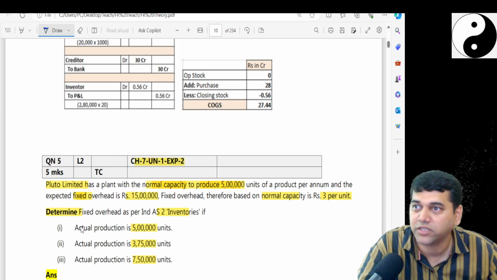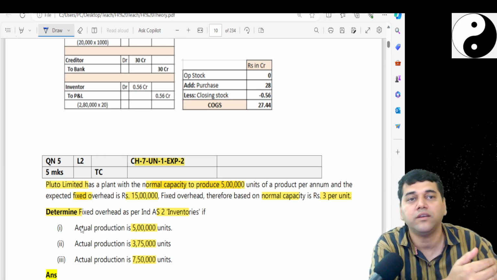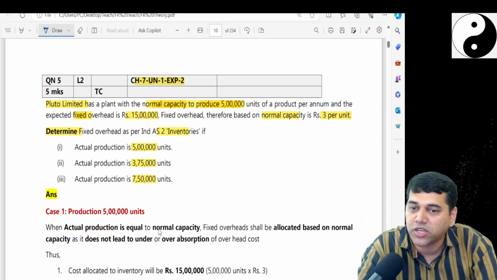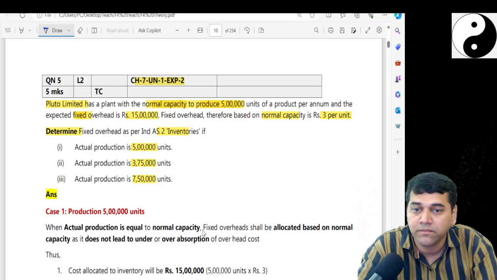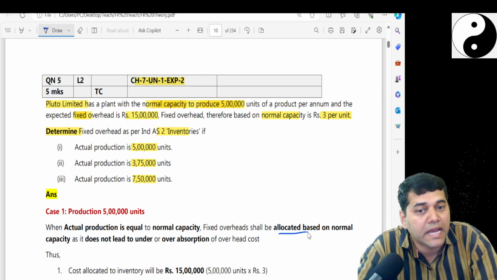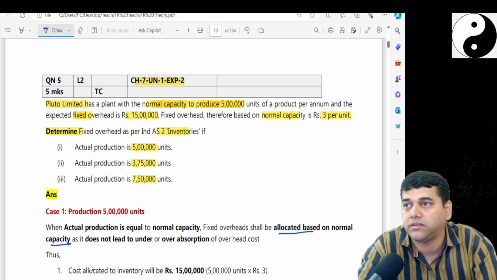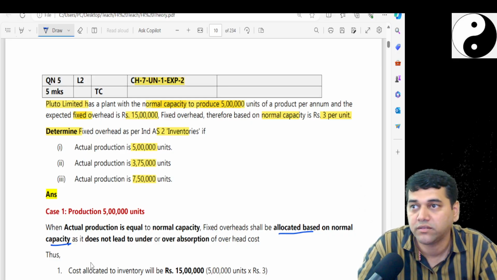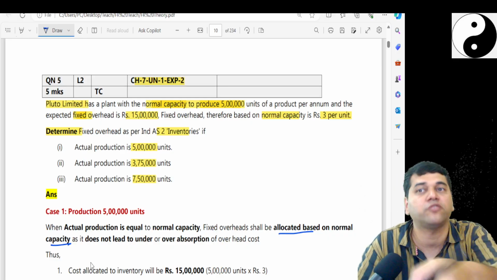Since actual production equals normal capacity, you are going to say that when the actual production is equal to normal capacity, the fixed overheads shall be allocated based on the normal capacity. This is what the standard tells you. There is no confusion on that. That is why you tell very specifically this is what needs to be done.